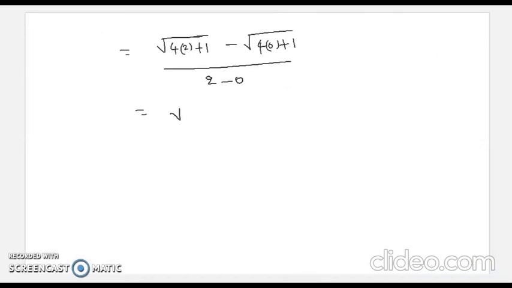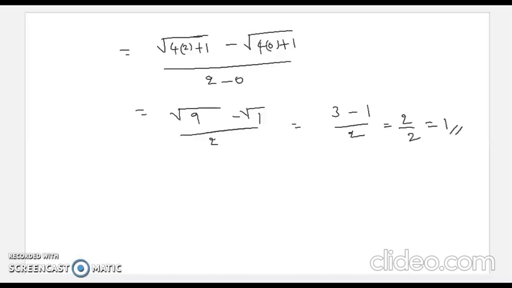That is equal to root over 4 into 2 plus 1, that is 8 plus 1, that is 9, minus root 1, by 2. Root 9 value is basically 3, minus root 1 is 1, by 2, that is 2 by 2, that is equal to 1.